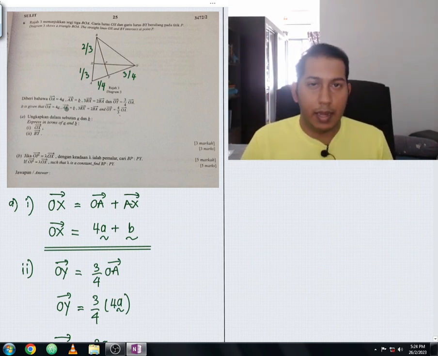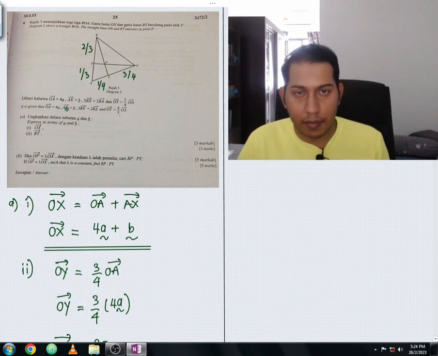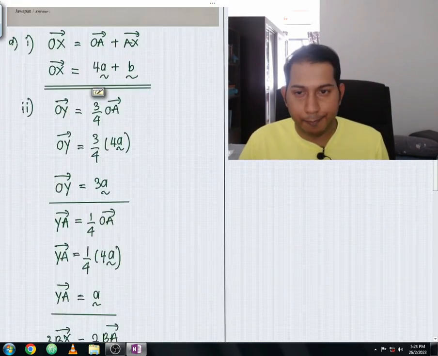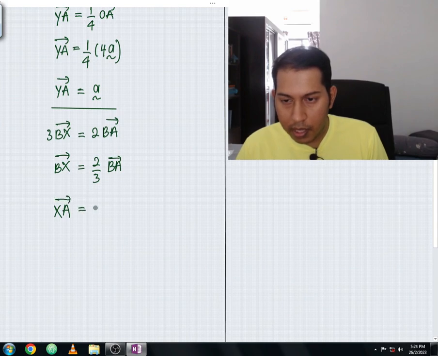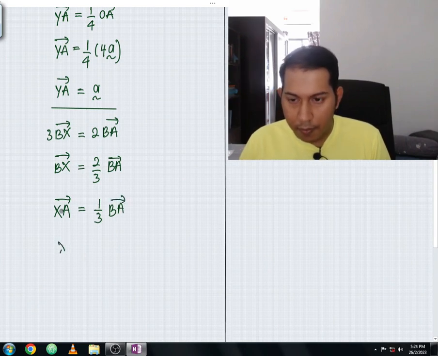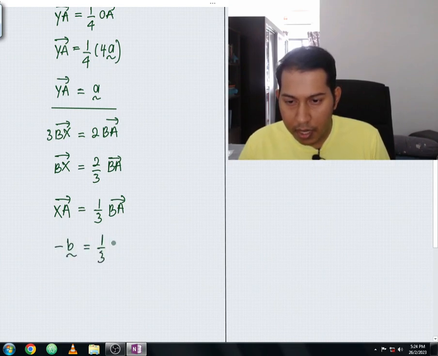So vector xa is actually equal to 1 over 3 times the vector ba. Vector xa is negative b, so negative b is equal to 1 over 3 times vector ba.